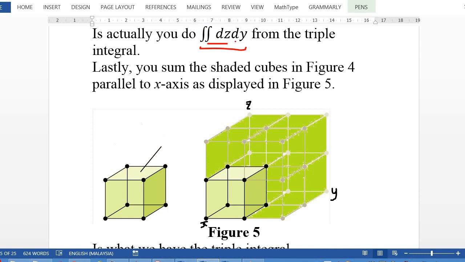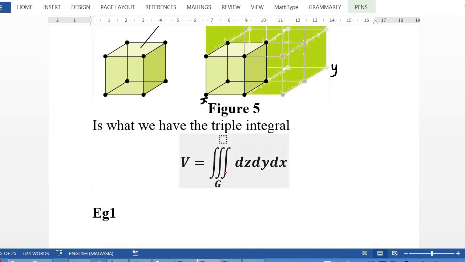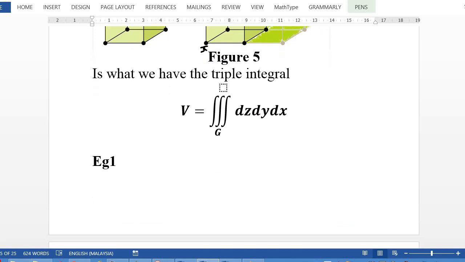Later on, we integrate with respect to y from the triple integral. Lastly, we sum it parallel to the x-axis, and then what we have here is the triple integral dz dy dx. So this is the idea of the volume as a triple integral.